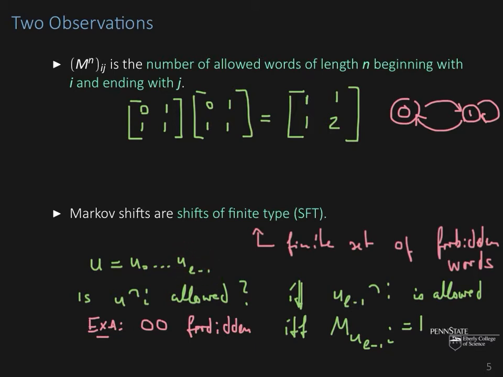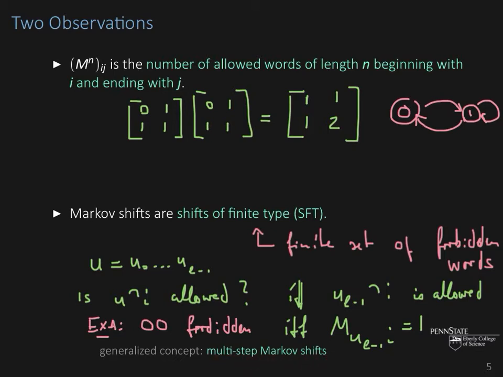Now you could make this a more complicated system by making the possibility of the extension dependent on a number of positions that you've seen before, but still a finite kind of memory. So this way it's possible to define a generalized concept that is called a multi-step Markov shift.